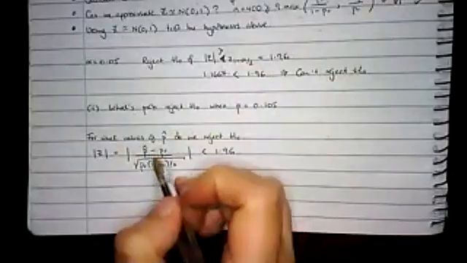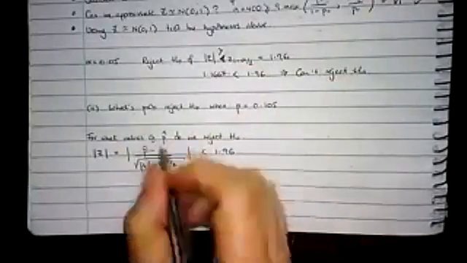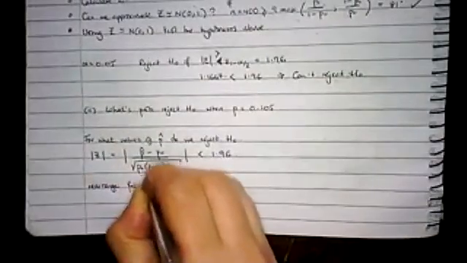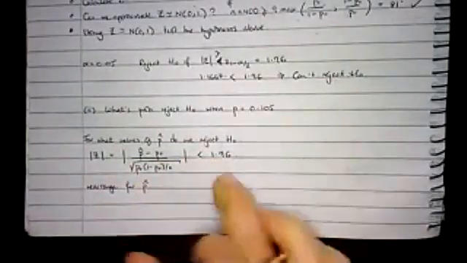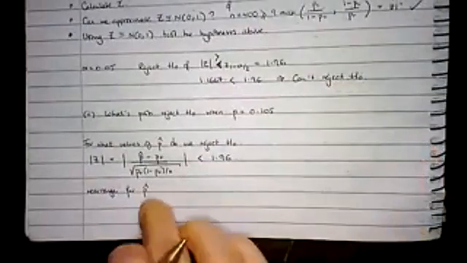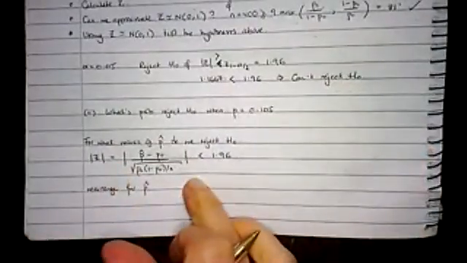Okay, so the first thing you're going to need to do is rearrange this to be in terms of p hat, so that we can go from that point forward. Now what's going to be different from question 4 part B is to take away the modulus sign.